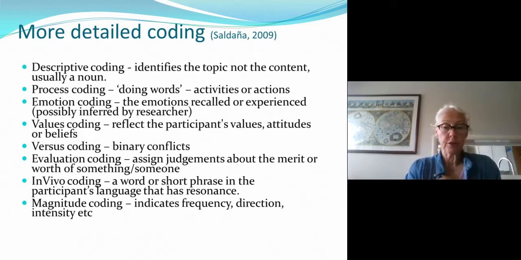And in vivo coding, this is where you use some of the participants' language, like in the must-do list that we created. And magnitude coding indicates frequency, direction, intensity. So I might make a note that a participant was particularly concerned about this issue, kept emphasising it. Okay.